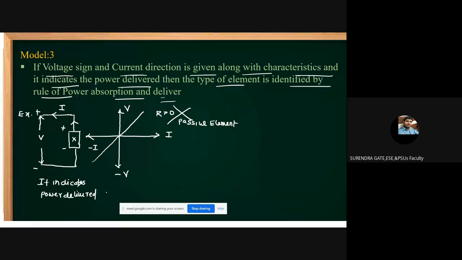Now the type of element is identified not by the rule of slope, but by the rule of power absorption and power delivery, students. Here, what is V? Greater than 0. What is I? Greater than 0. Here also, V less than 0, I less than 0.